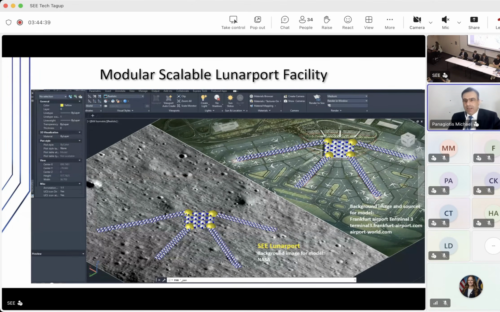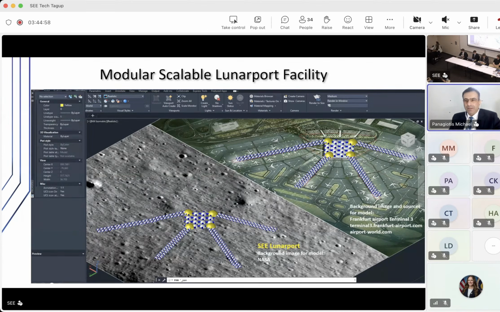In this slide, we see the modular approach for the habitat demonstration units, based on the architecture of Frankfurt Terminal 3, which opened in April this year.